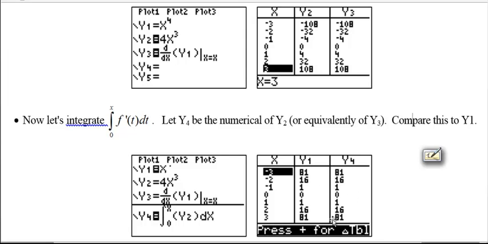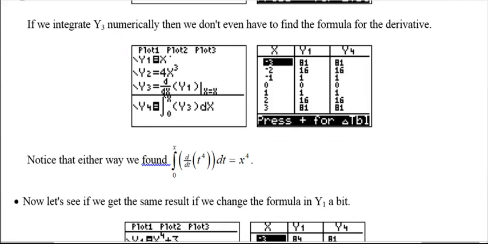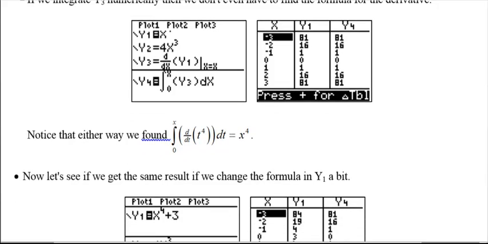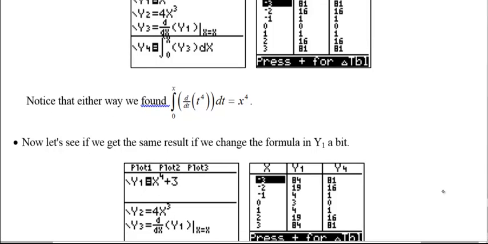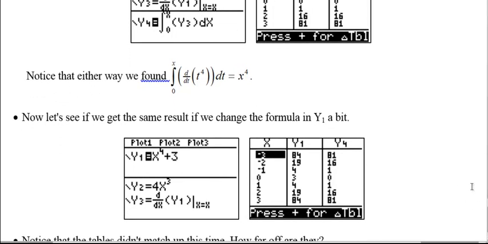You see that they turn out to be the same. So here, what are we doing? We're doing the derivative first. We found the derivative of t to the fourth, and then the integral from 0 to x of that was x to the fourth.